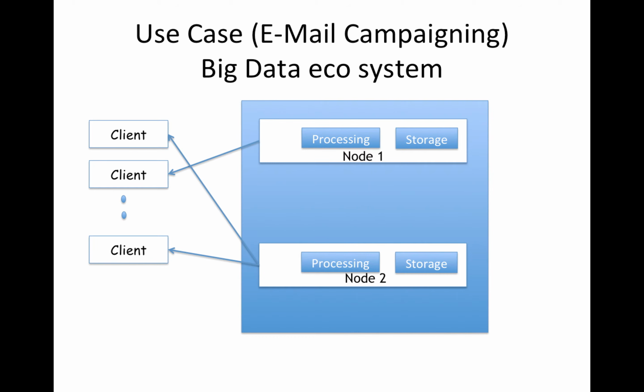Whereas in this architecture, your processing, be it your application logic as well as the mail server logic, is coexisting with the storage. So when you actually use the big data ecosystem, data will be split across all the nodes in the cluster, which will be locally mounted to that particular node. So the storage of node 1 is only accessible to node 1, and the storage of node 2 will be only accessible to node 2.